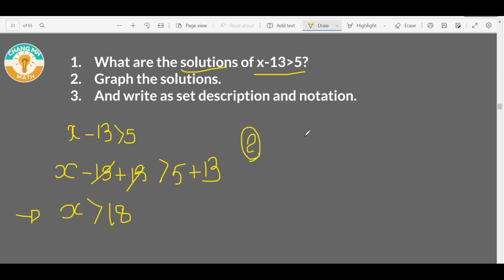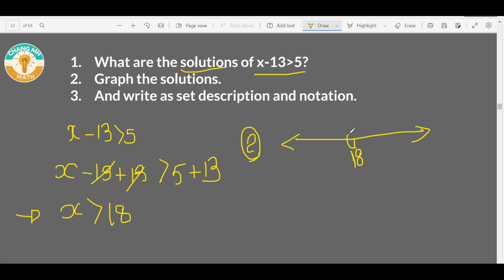Alright, you have to draw the number line here. So the number line here has 18, and so what will you get? The values of x are greater than 18, right?